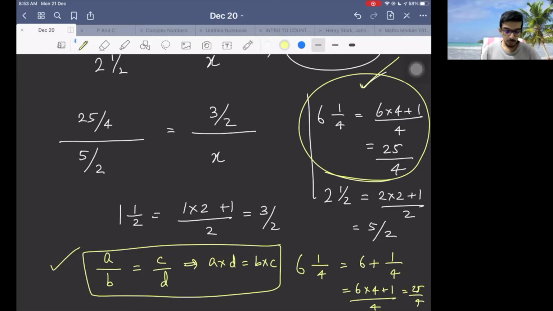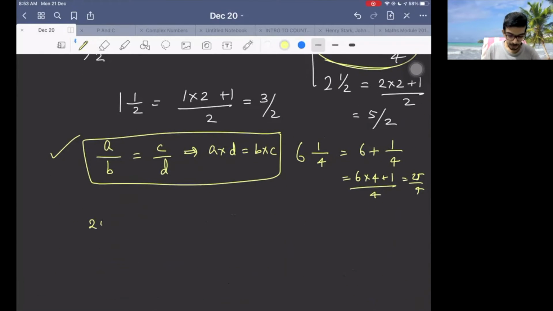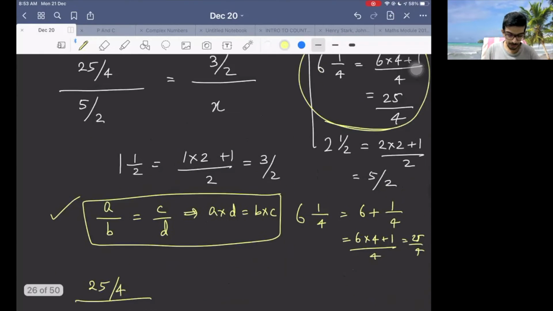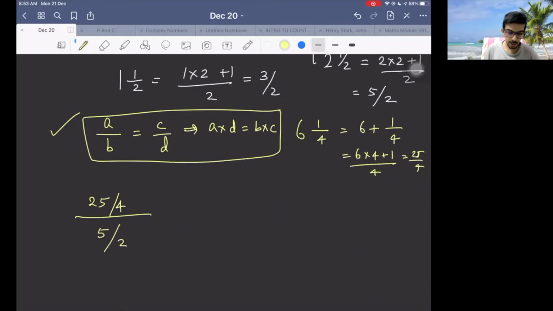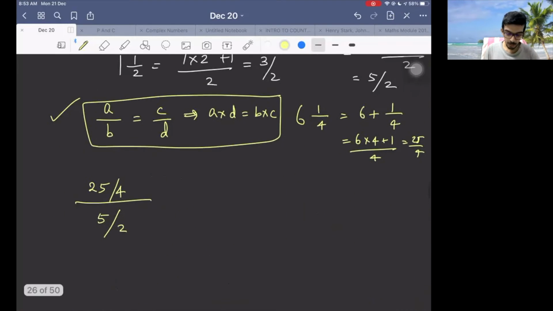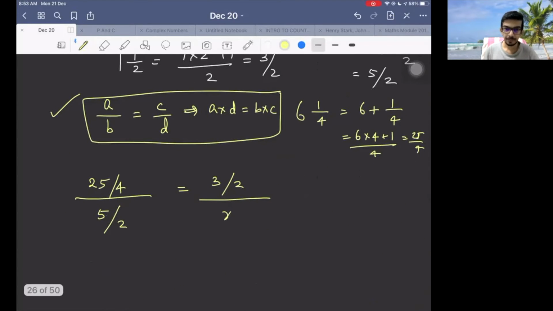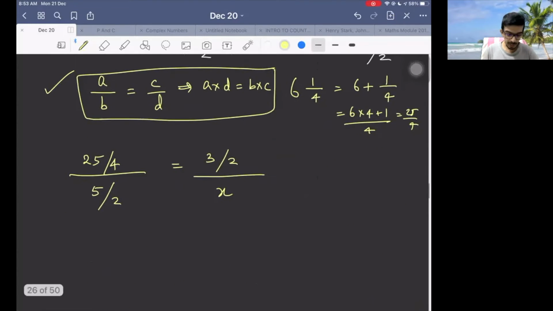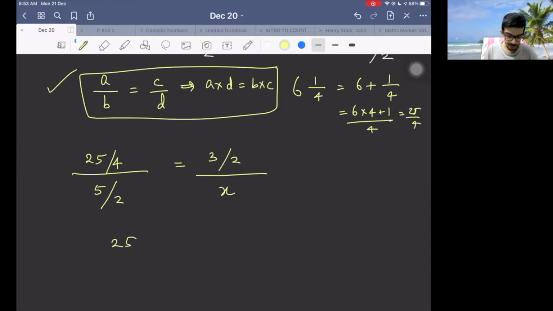Right? So we have 25 by 4 divided by 5 by 2 is equal to 3 by 2 divided by x. When you cross multiply, we have 25 by 4 into x is equal to 3 by 2 times 5 by 2.